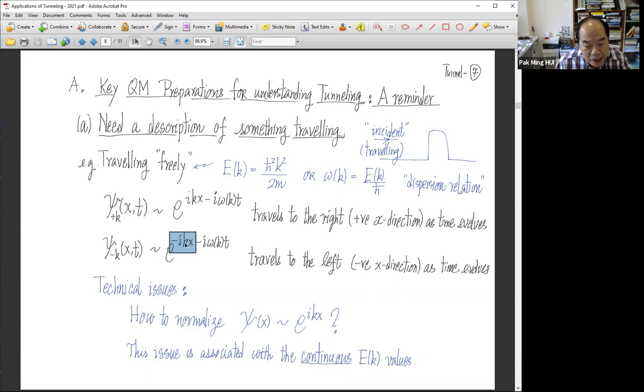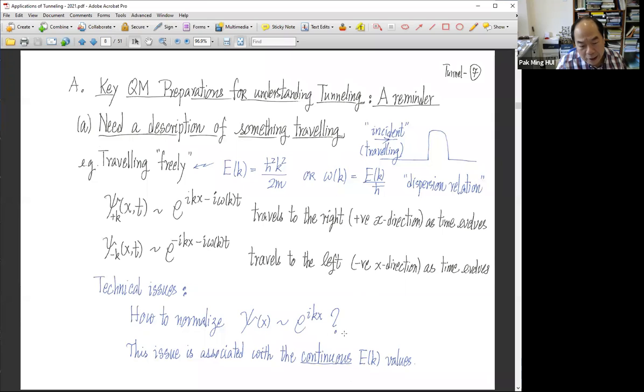So it seems to be easy to have something that can travel, all right? But there are technical issues. For example, a question is how to normalize something like this, e to the ik dot r. If you multiply it into the psi star, then it is a constant, it is 1, you integrate it over all x from negative infinity to plus infinity, that diverges, right? Okay, so normalizing this is actually an issue.